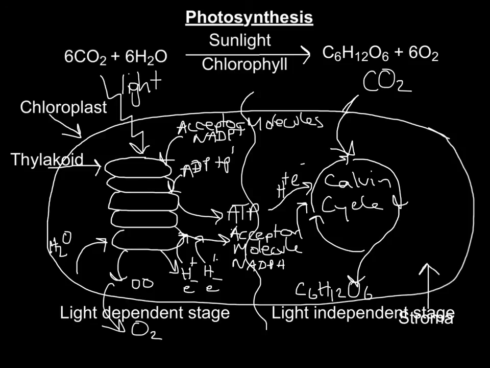And now, to recap our process of the light-independent stage, we've now used carbon dioxide, which, looking at our formula, was the other input of photosynthesis. We've now produced glucose, which was the other output of photosynthesis we hadn't allowed for, and we've done that by using the products of the light-dependent stage in the form of ATP and in the form of hydrogen ions and electrons. So there you go.